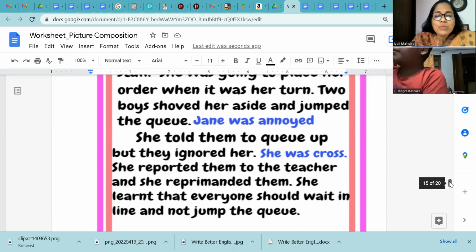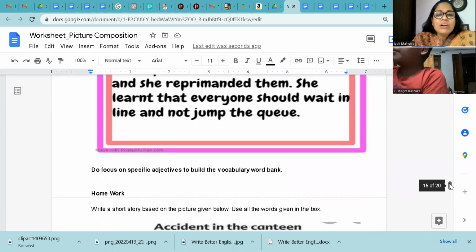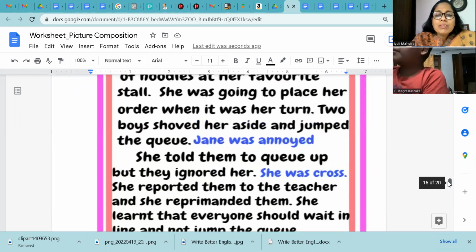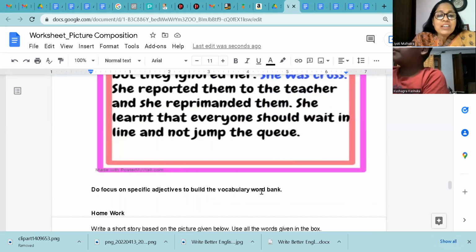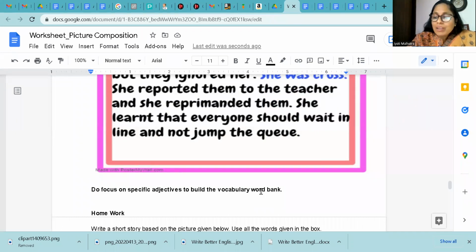So, this was my lesson on how to write a story after looking at a picture. And I made use of a very simple technique for that. And do not forget to use specific adjectives in order to make your story very descriptive.